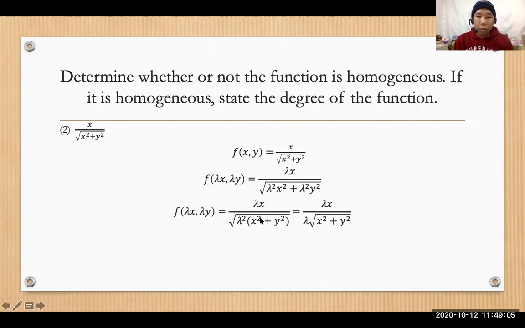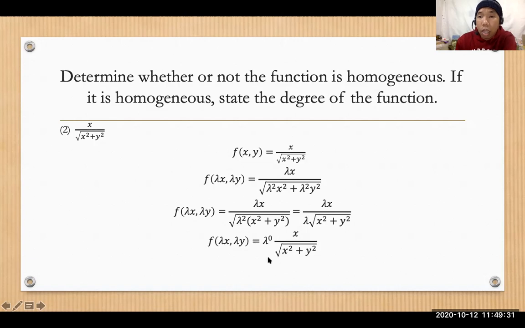The square root of lambda squared is lambda. And then what remains in your denominator is the square root of x squared plus y squared. Now lambda over lambda is equal to 1, right? So you can cancel lambda. When you say lambda over lambda, it's equal to 1 or lambda raised to 0.